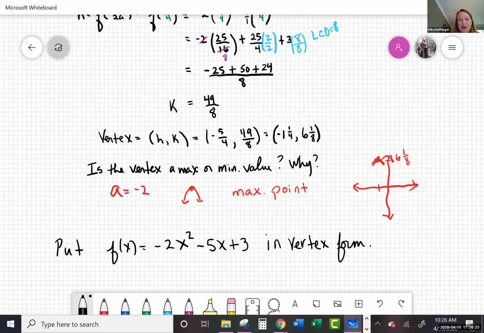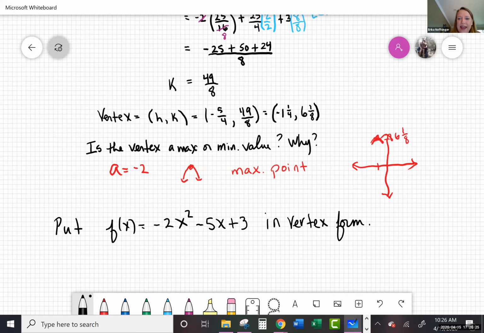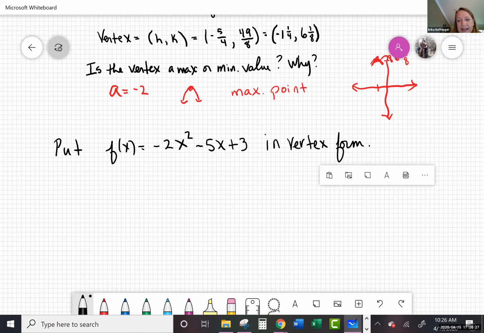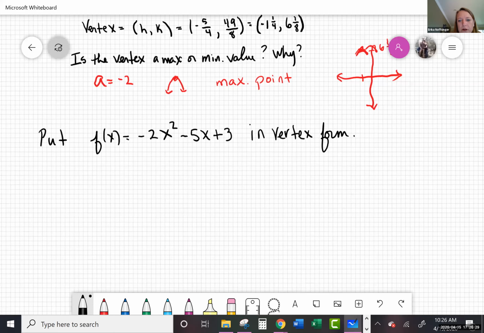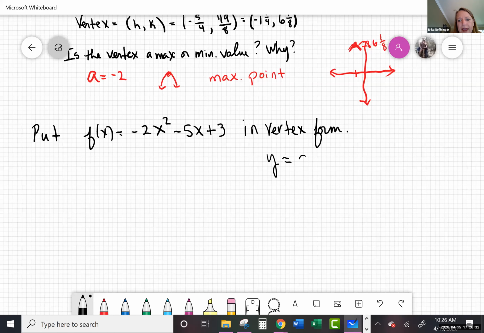So notice that vertex form, again, is y is equal to a times x minus h, quantity squared, plus k. We know what a is just by looking at our equation.